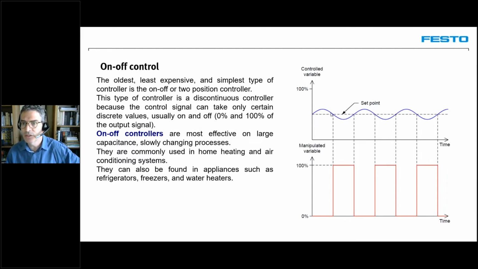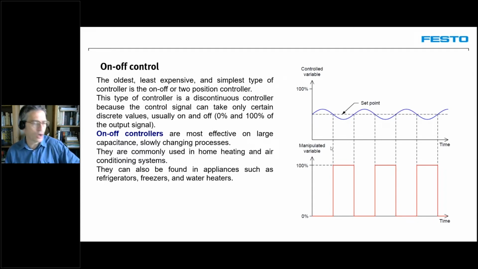As we can see here, the oven will constantly increase its temperature, then we shut off the heating element, the temperature will go down until we reach a certain point, at which time the controller will send another on signal to turn the heating inside the oven back on. Same thing for house heating.